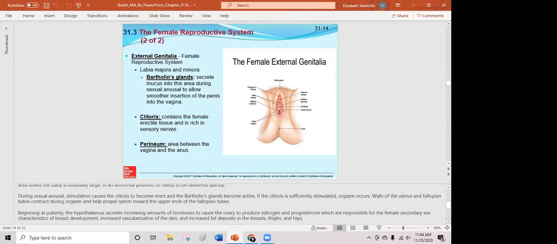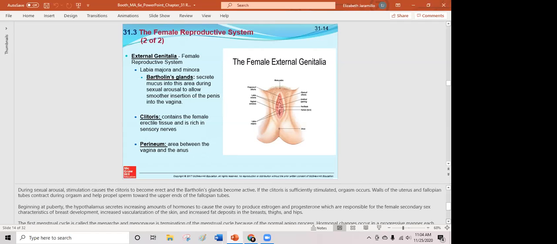Beginning at puberty, the hypothalamus secretes increasing amounts of hormones to cause the ovaries to produce estrogen and progesterone, which are responsible for the female's secondary sex characteristics of breast development, increased vascularization of the skin, and increased fat deposits in the breast, thighs, and hips.